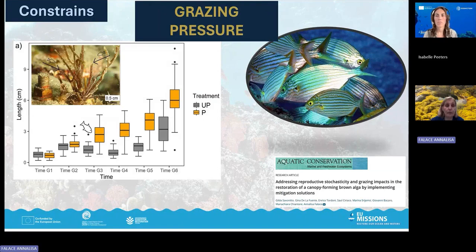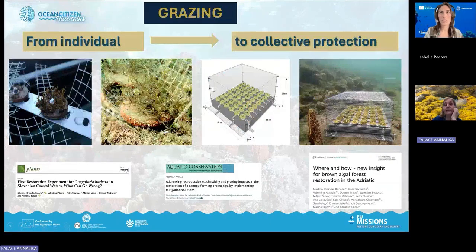In this photo, these were the tiles outplanted in Miramare in Trieste, and these are the cuts of the salpa that hit our seedlings.